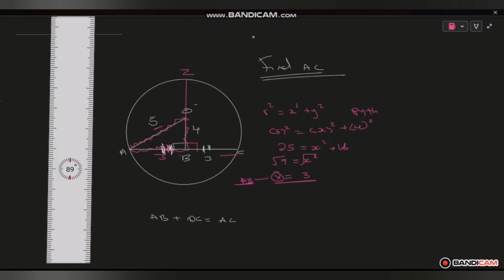This one doesn't have any reason. Why? Because we know that 3 plus 3 will give us the value of AC. I hope you understand this. So 6 equals AC. Very important. I hope we are together here. This theorem, the Pythagoras theorem, is the only theorem we use.